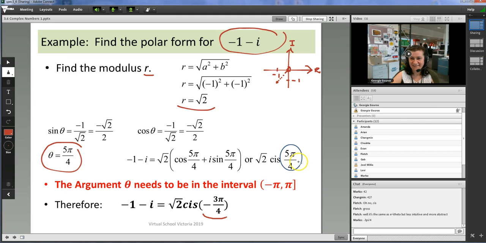That is the equivalent of 5 pi on 4, but the argument needs to be restricted into that interval, negative pi to pi. Can you see that? And so then we can express the rectangular form of the complex number in polar form, and it's exactly the same number. Here it is right there. It's got two identities: the rectangular Cartesian form identity and the polar form identity.